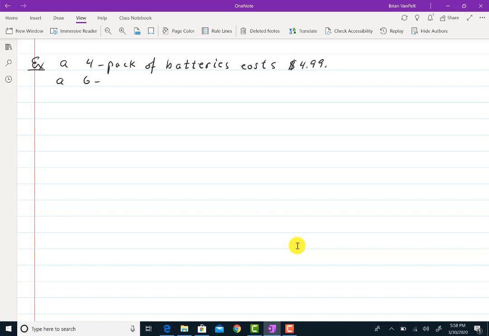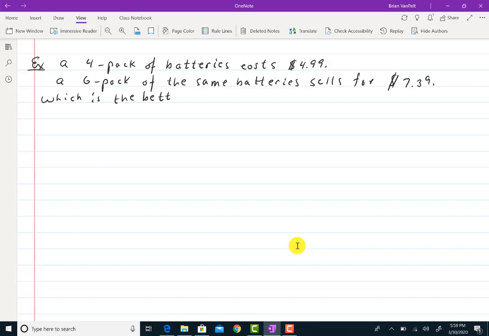A 6-pack of the same batteries sells for $7.39, which is the better deal.